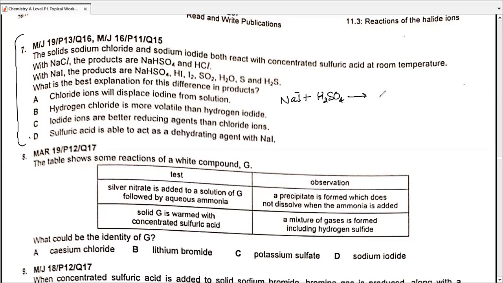We need to put up an arrow. What happens is that you form NaHSO4 plus you form HI. Now, the point is, H2SO4 is a very good oxidizing agent, good enough to oxidize HI or HBr, but it never works on HCl. It's not good enough for that.